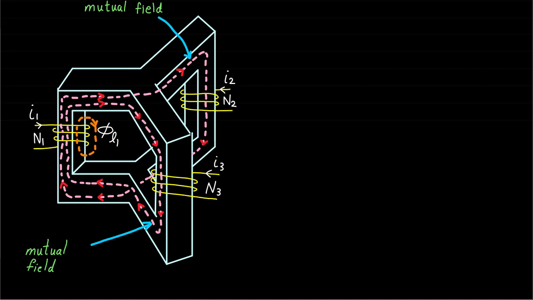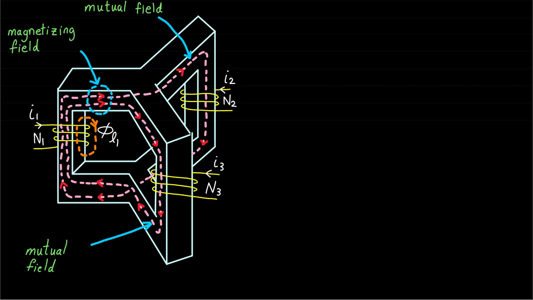Now, since the magnetizing magnetic field is defined as a magnetic field that links all coils in the magnetic circuit, the magnetizing magnetic field of coil 1 will be equal to the sum of these two mutual magnetic fields.